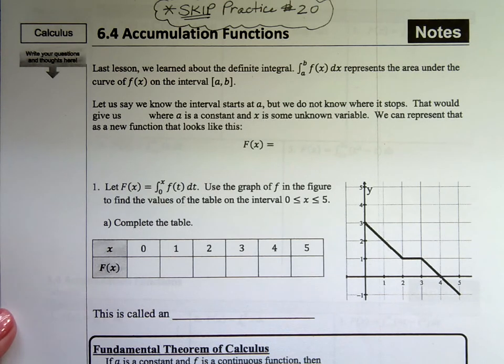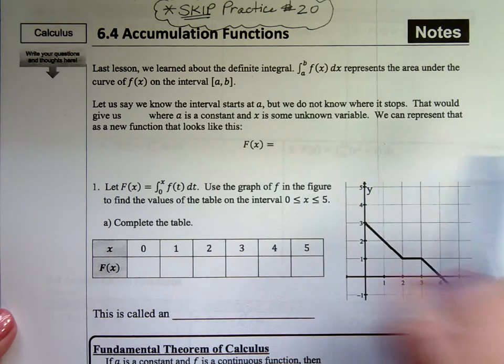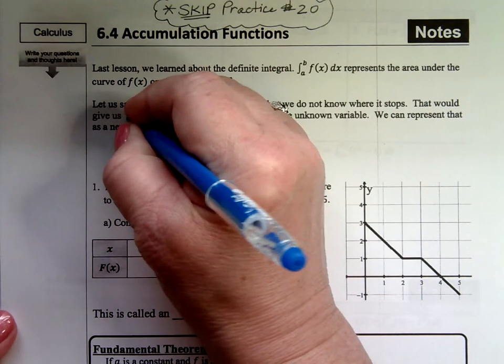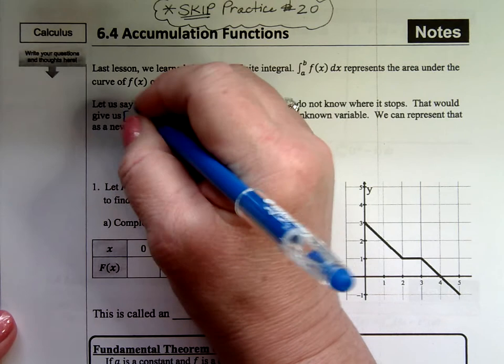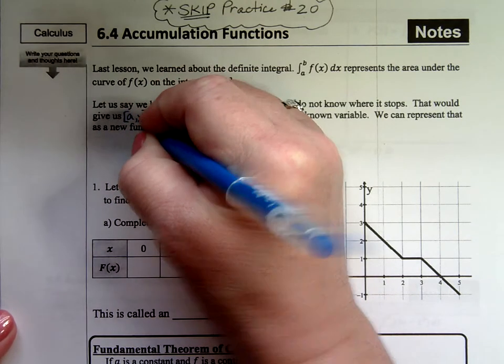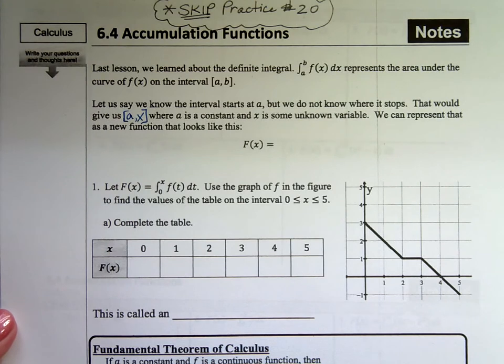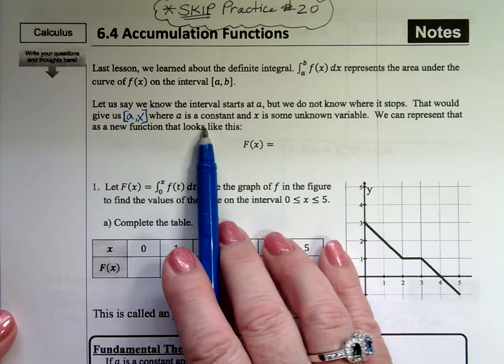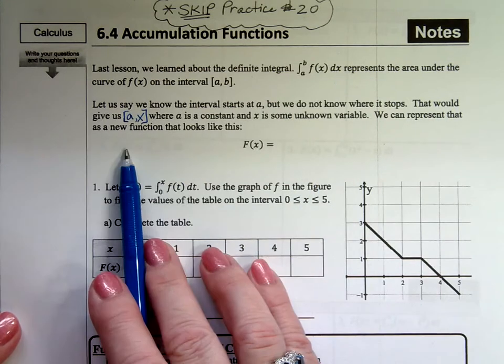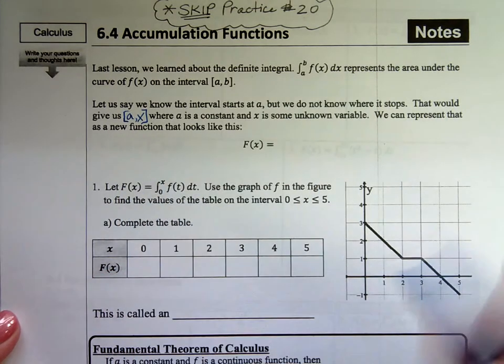Let's say we know the interval starts at a, but we don't know where it stops. It keeps going. That would give us an a value that is a, but my b value would be x. We don't know where it stops. It stops at some x value down the line, where a is a constant and x is some unknown variable. We can represent that as a new function that looks like this.